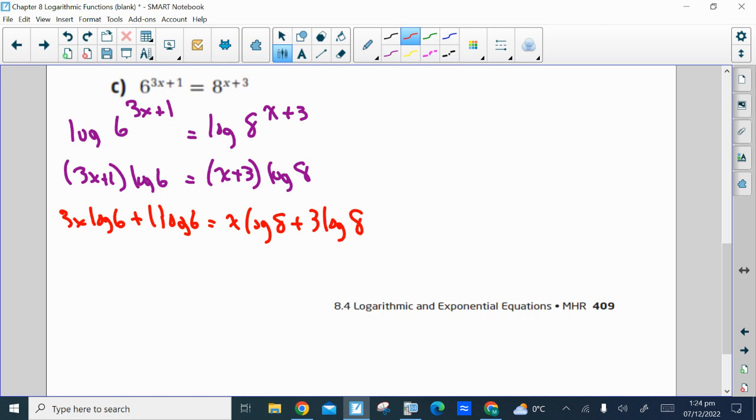That's the whole point of this. What is x? So what I'm going to do is take the terms that involve x, put them together on the left side, and put the terms that don't involve x together on the right side. So what that means is I'm going to subtract the log 6 from both sides, and I'm also going to subtract x log 8 from both sides.